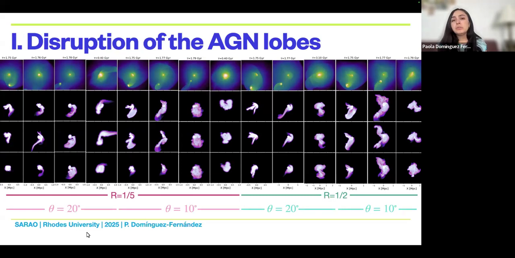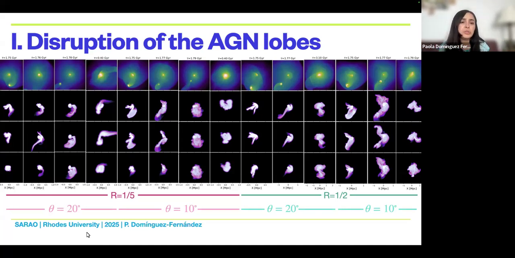As you can see already from here, the cluster environment and its dynamics will be really key to shape the morphology of the material for all of the cases, and you can basically obtain a plethora of morphologies just with a merger.